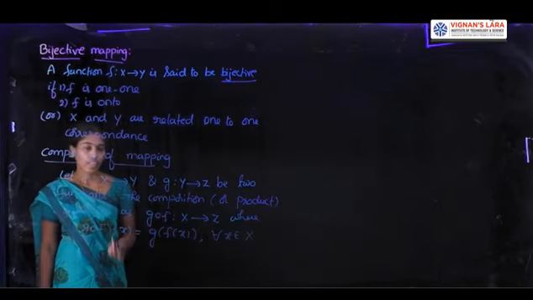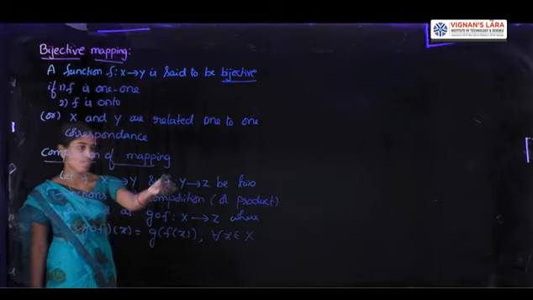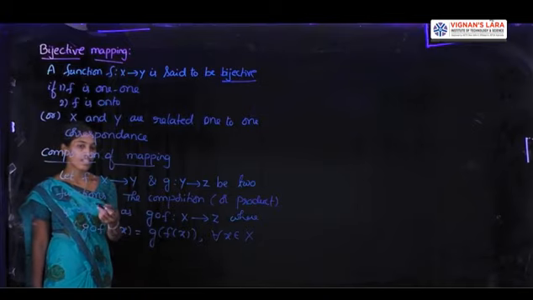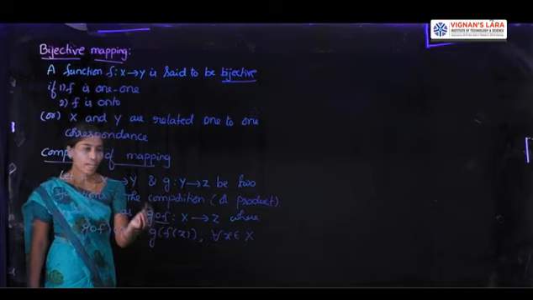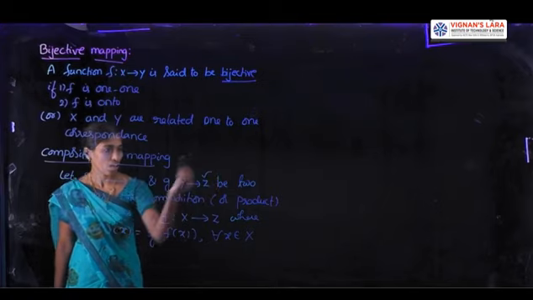So here we are considering two functions. One is f from X to Y, second one is g from Y to Z. The composition or product of functions is defined as g circle f, which is defined from the domain of f to the codomain of g.